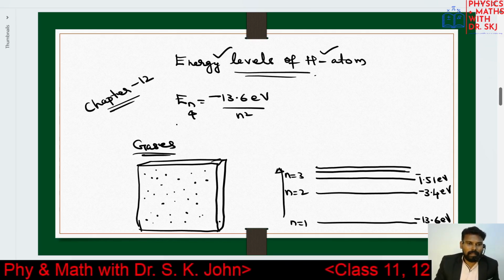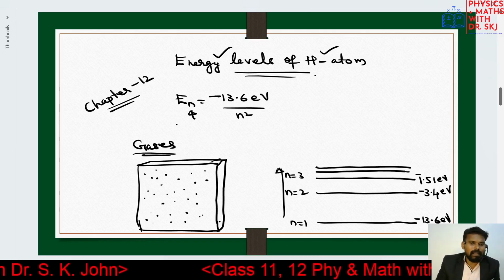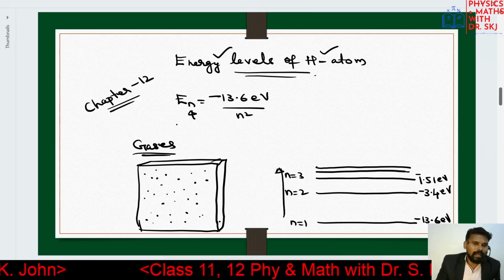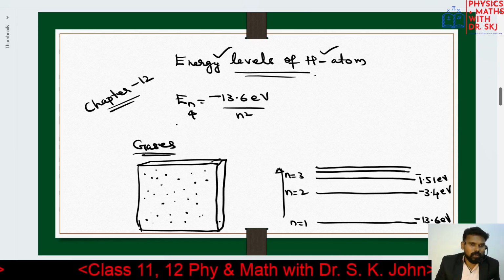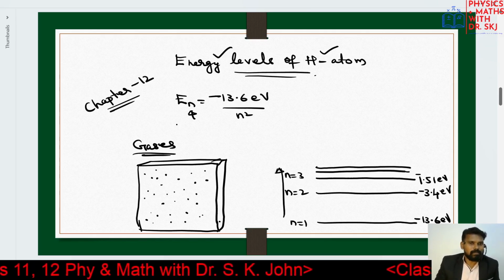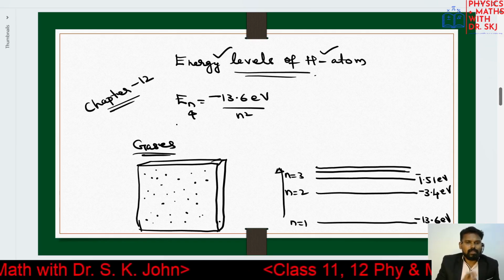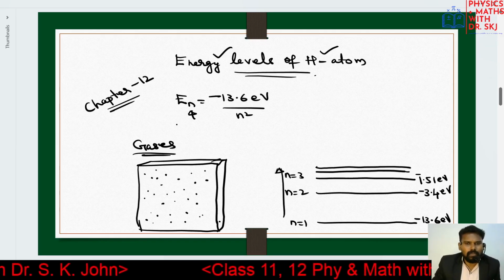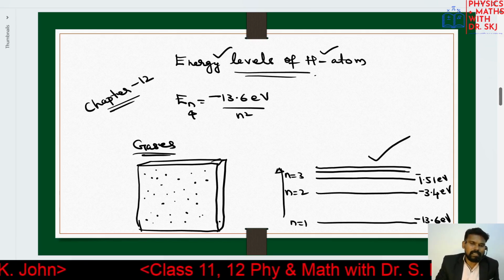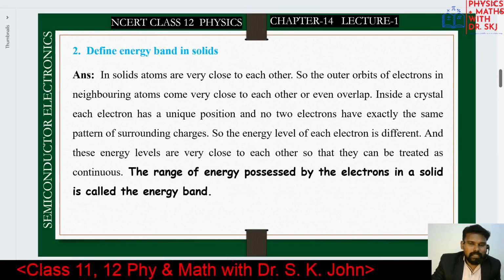They are not closely packed, they are in random motion, and each molecule has some distance from the other molecules. So they are like isolated atoms. There is no influence of other molecules on a particular molecule. So gases also have energy levels. But when we come to solids, the situation is different.